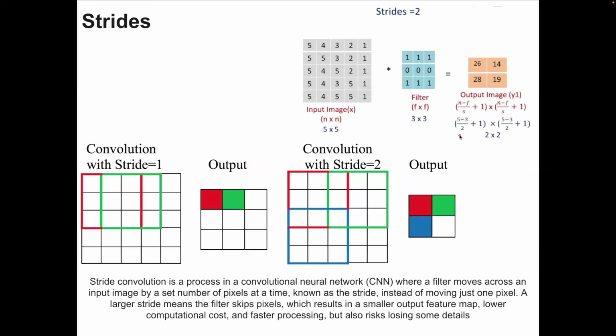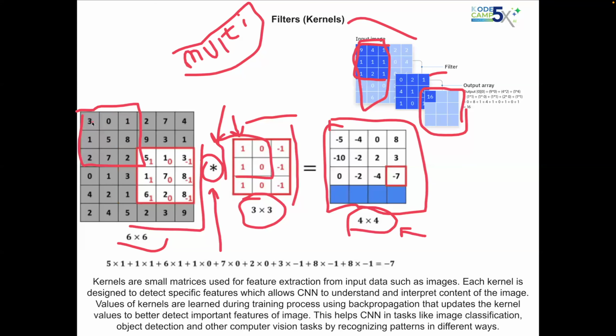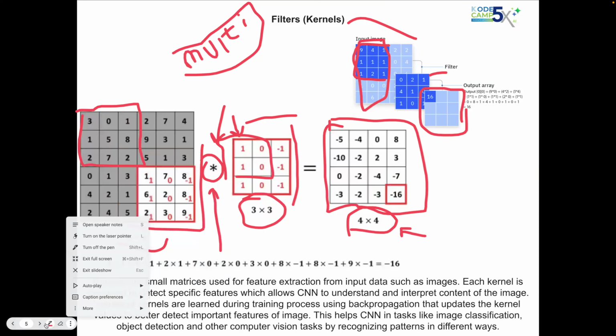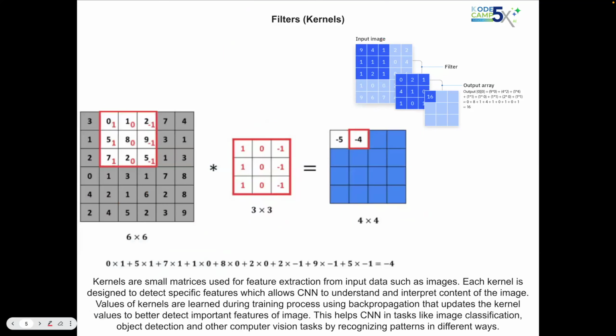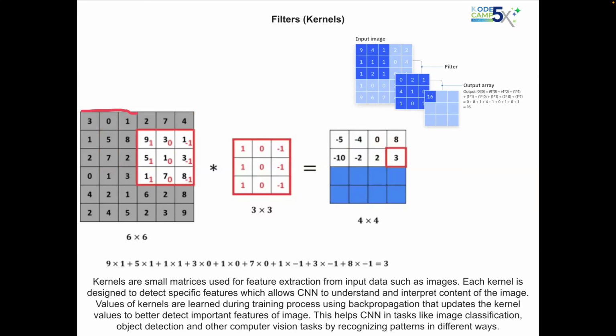And then what is stride? If you observe this video, this thing that is running around, you will see that once we apply this kernel on this particular part of the image, because mind you, we are applying it per section.